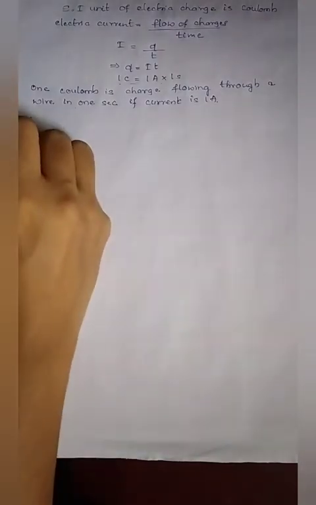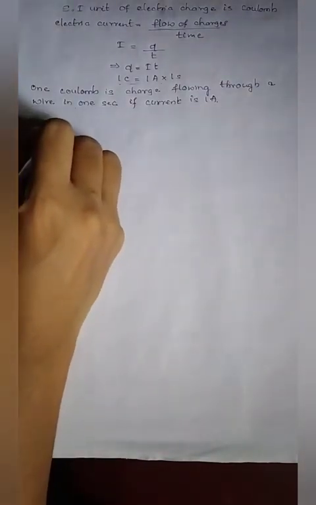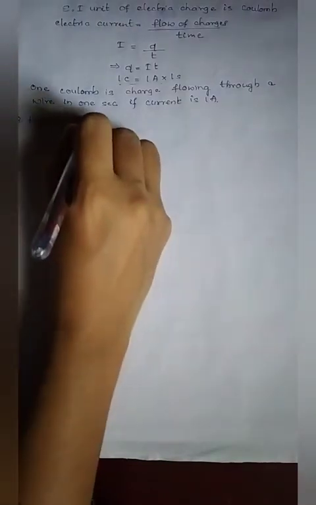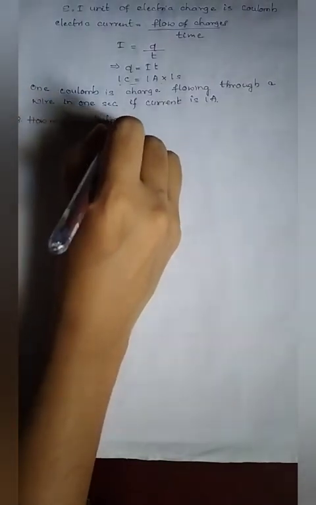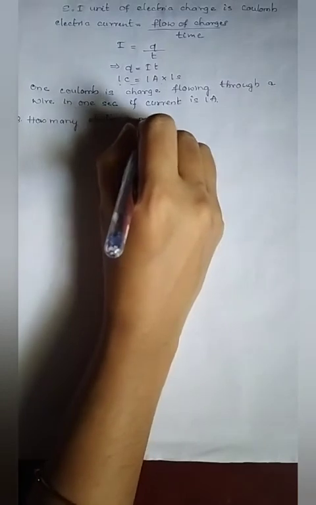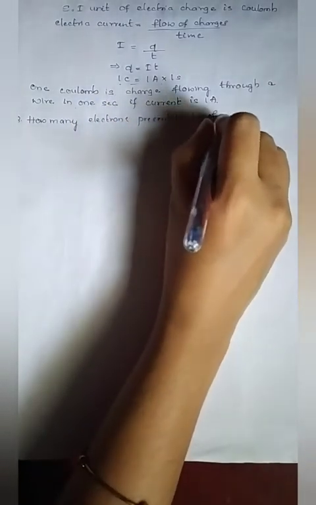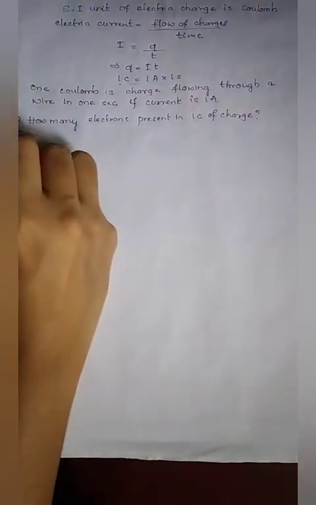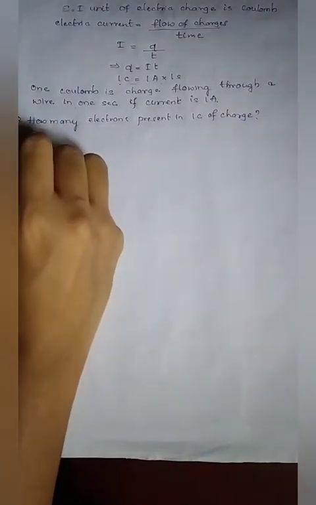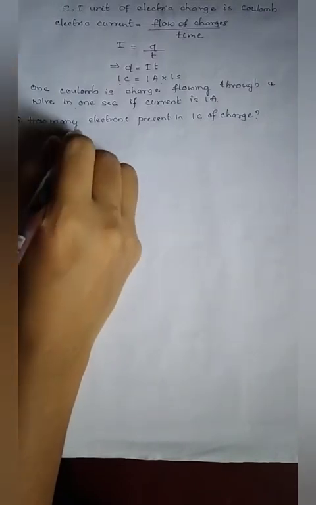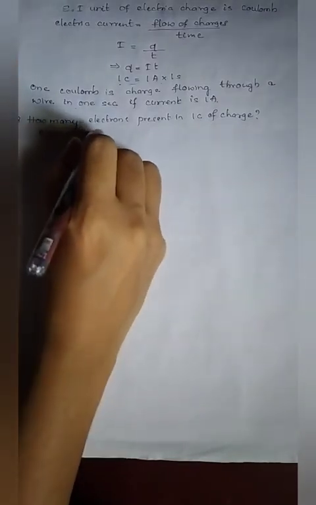So let's consider one more question. How many electrons are present in 1 coulomb of charge? This is a 1 mark question. First write the given things. Given Q equal to 1 coulomb.